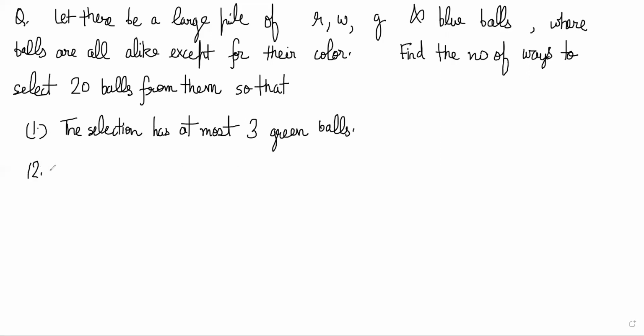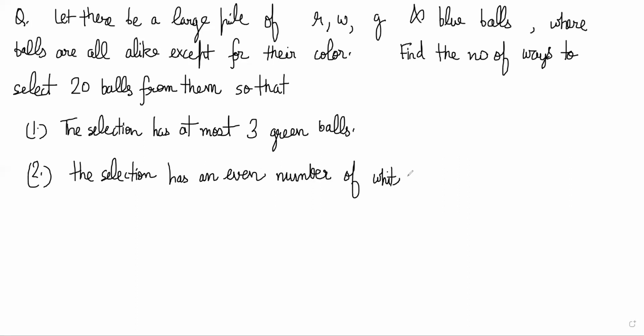And the second case is the selection has an even number of white balls. Focus on the first part in the beginning. You have to make sure that there are at most 3 green balls. And this is a large pile, that means there are many balls of each kind.